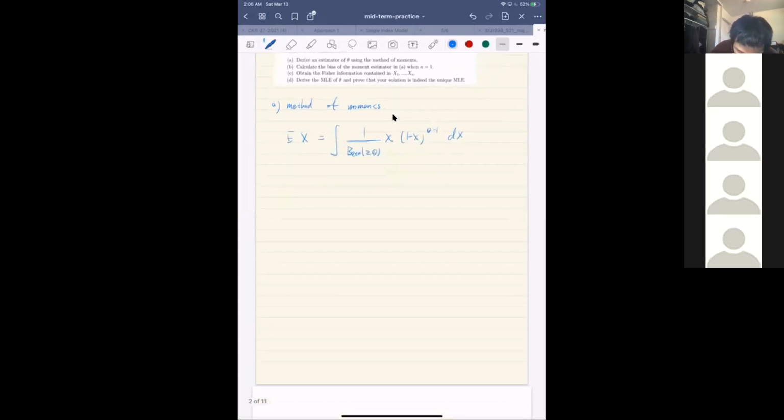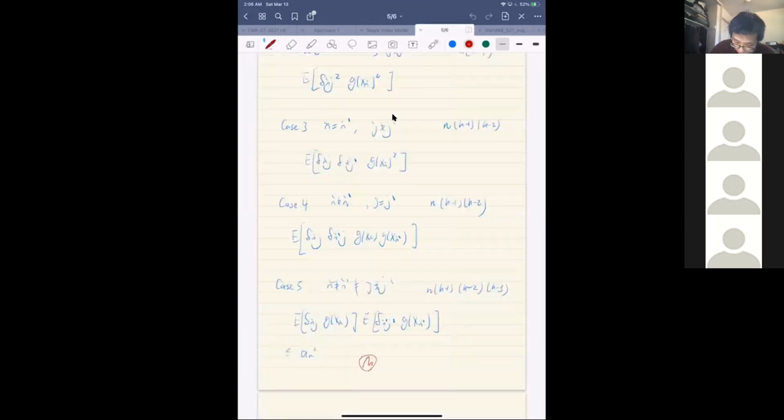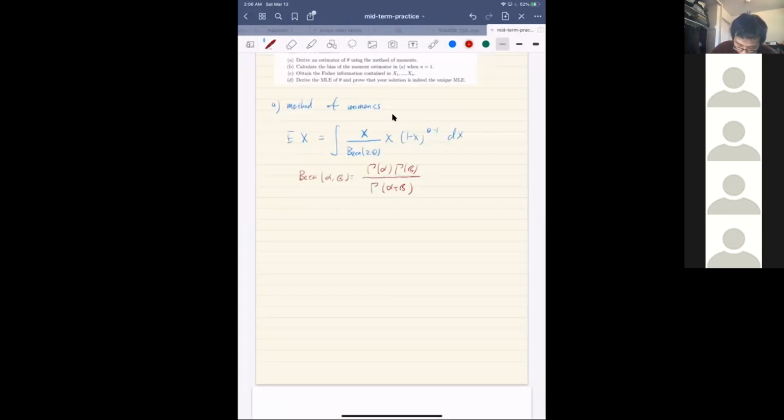And since this is a density, I have to multiply by another x. Here the beta function is defined as this.